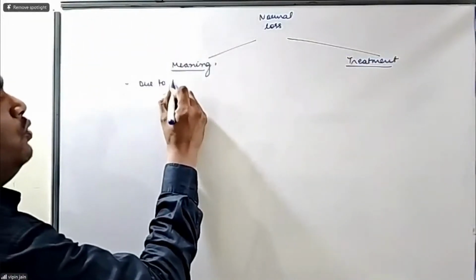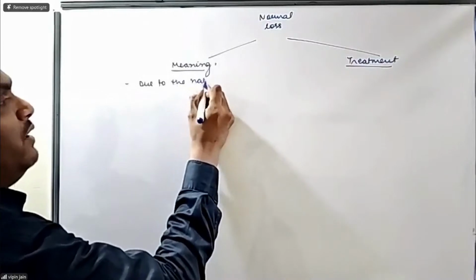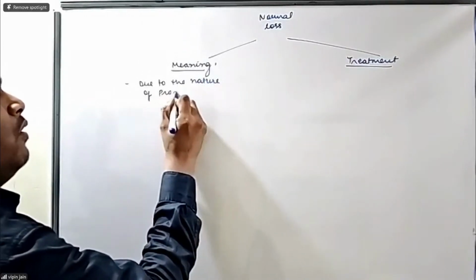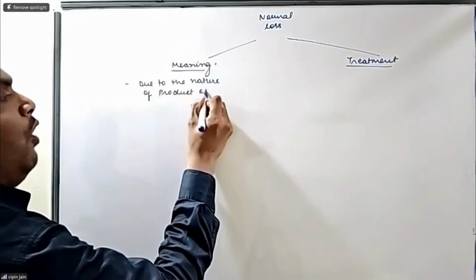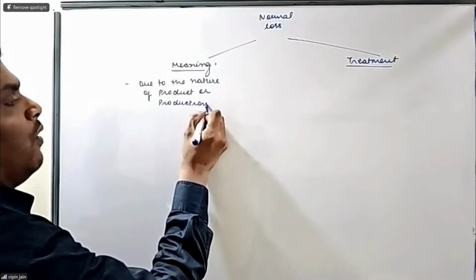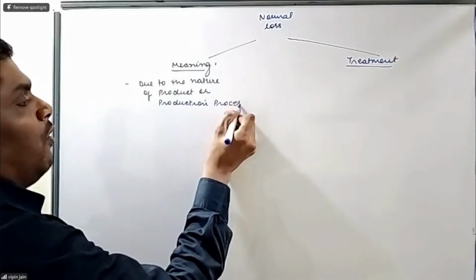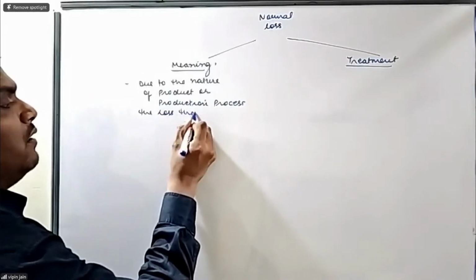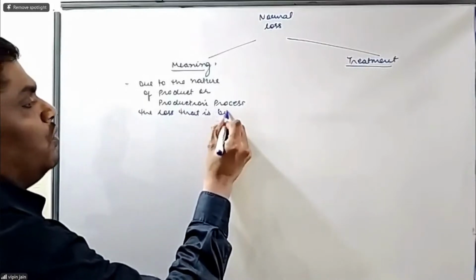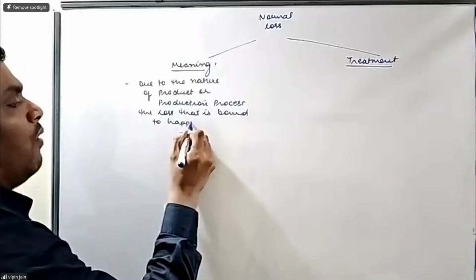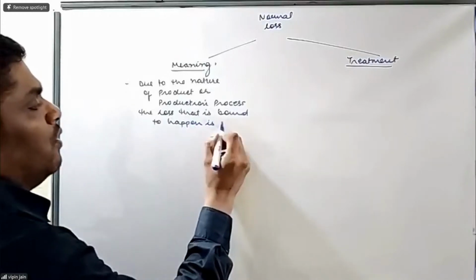Due to the nature of product or production process, the loss that is bound to happen is normal loss.